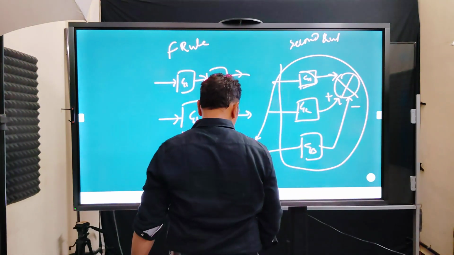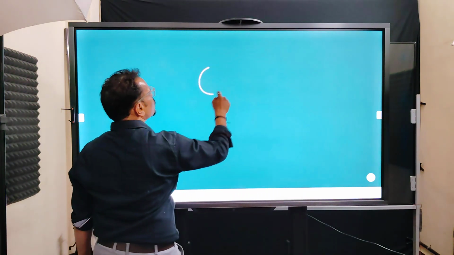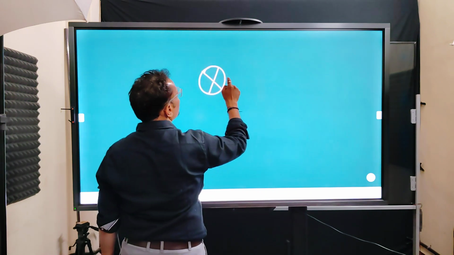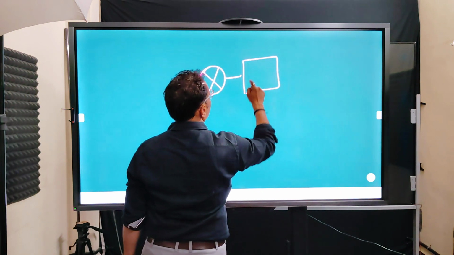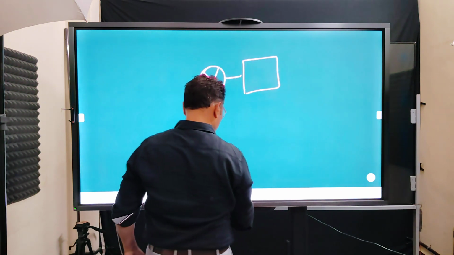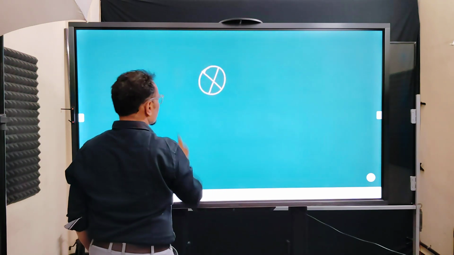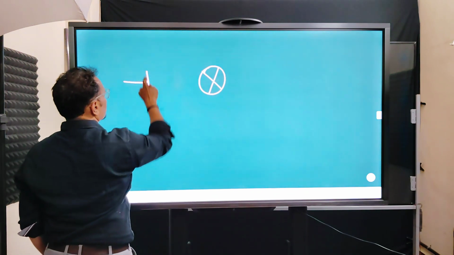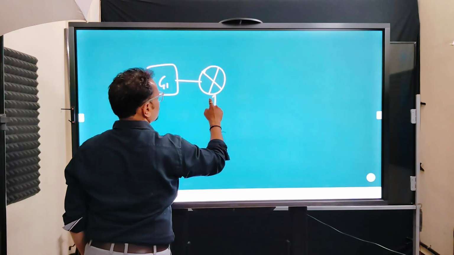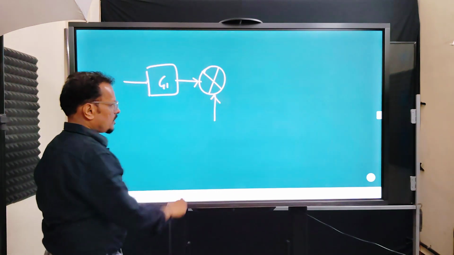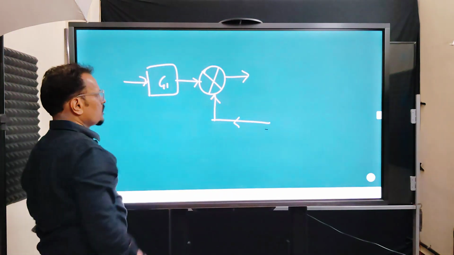And now what we have just seen is the third rule, in case you wanted to move a block. This was the block and this was the path, and this is the output.